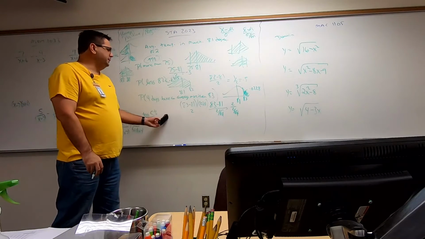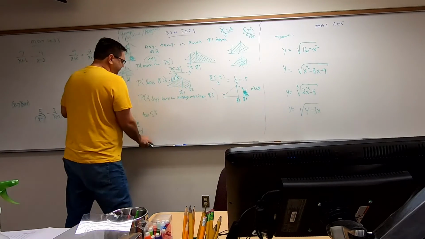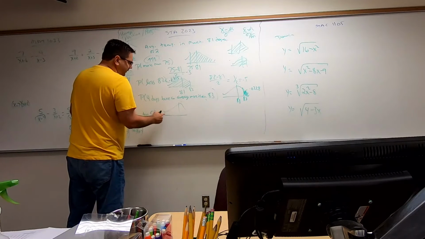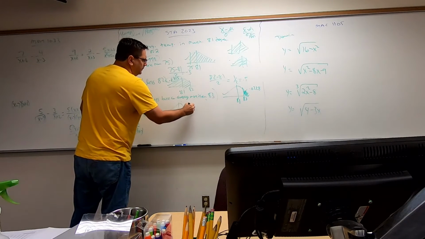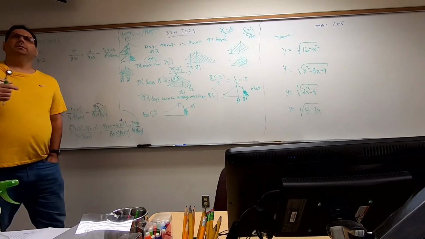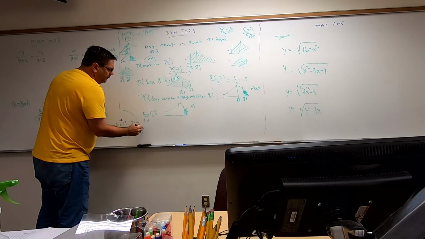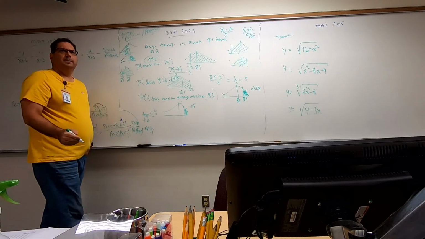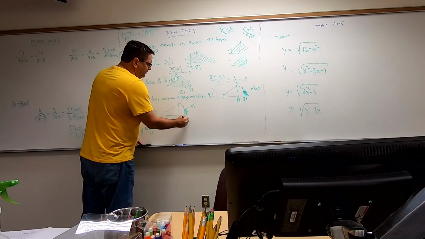All right, top 5%. How do you do it? X minus 81. Top 5%. This area is 0.05, yes? Always. Now, if it's a top percentage, we use a positive number. If it's the bottom percentage, we use a negative number. Okay? So this is 1.645.